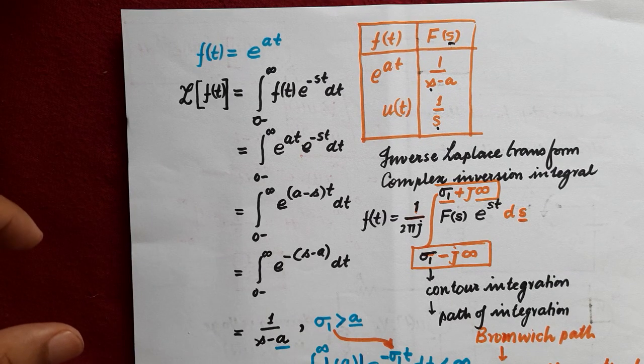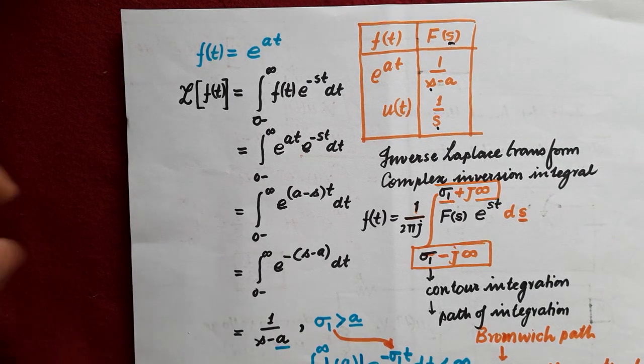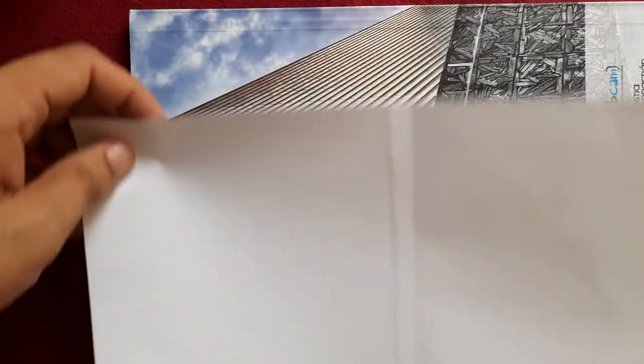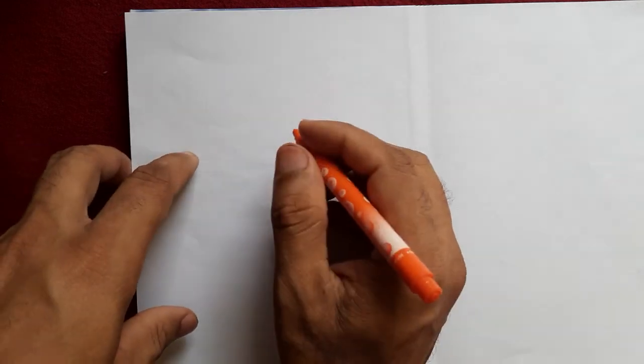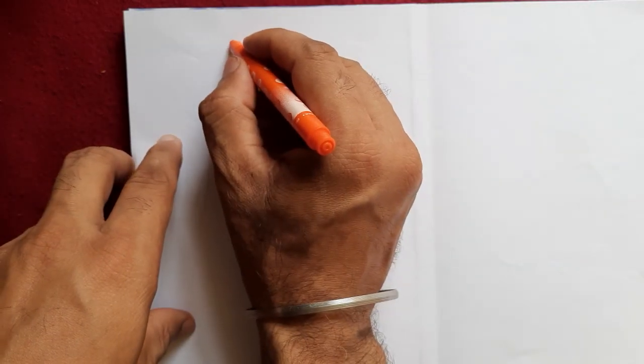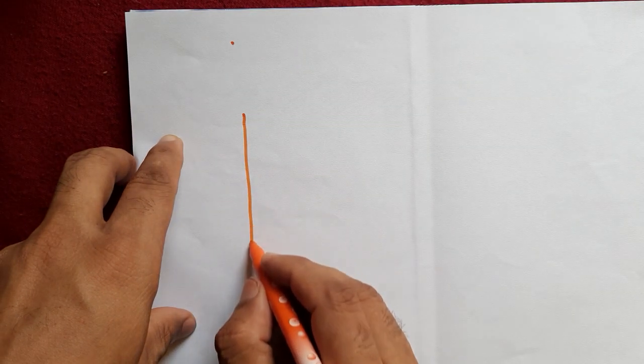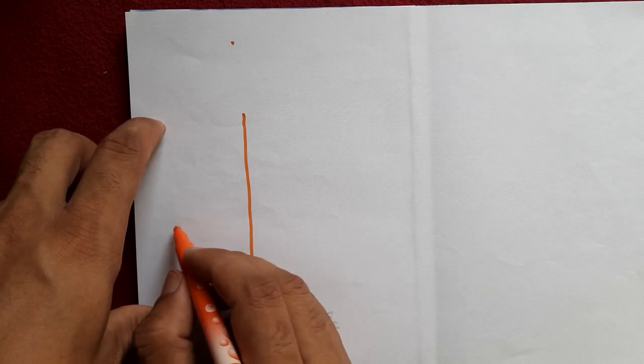So how is it along the vertical line? It is like this. Our axes of the complex s plane are like this.